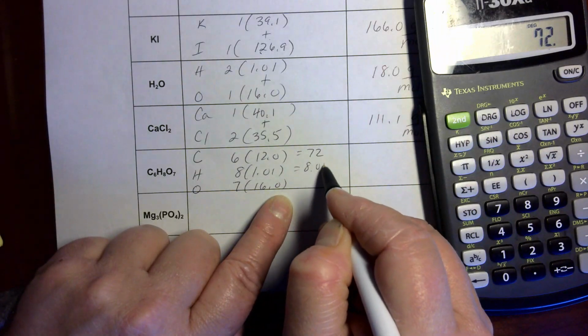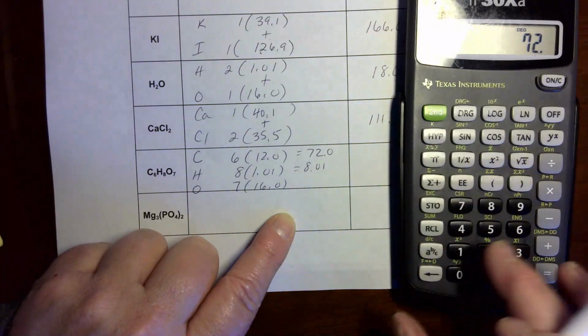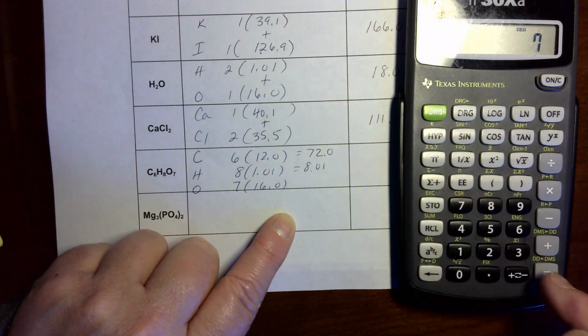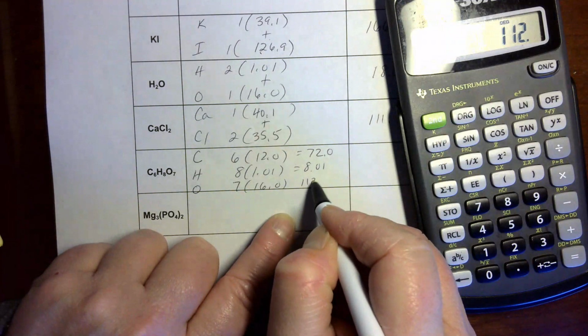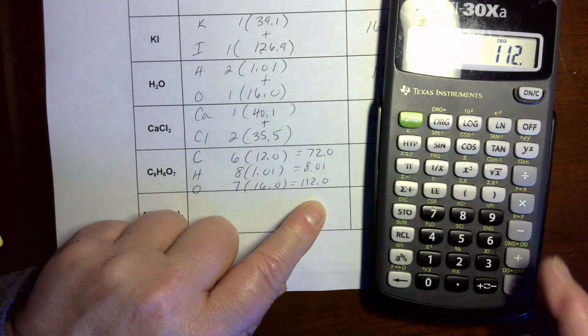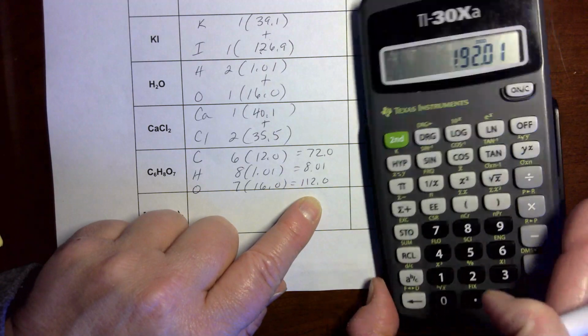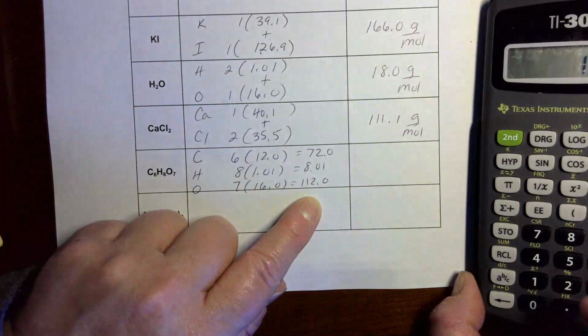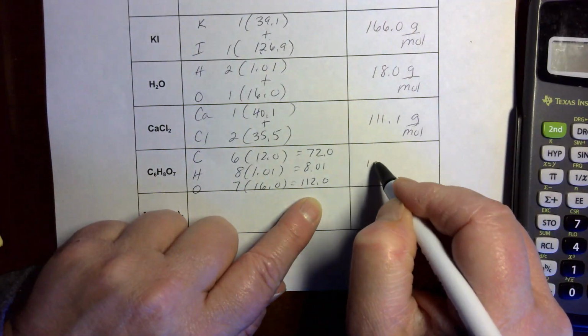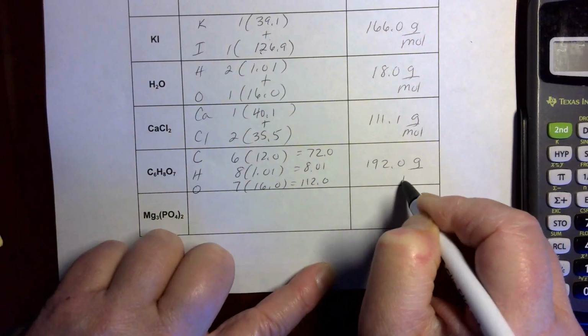This is going to be 8.01. And then 16 times 7, 112.0. So I'm going to add those 3 numbers together, and I'm going to get 192.0 grams per mole.